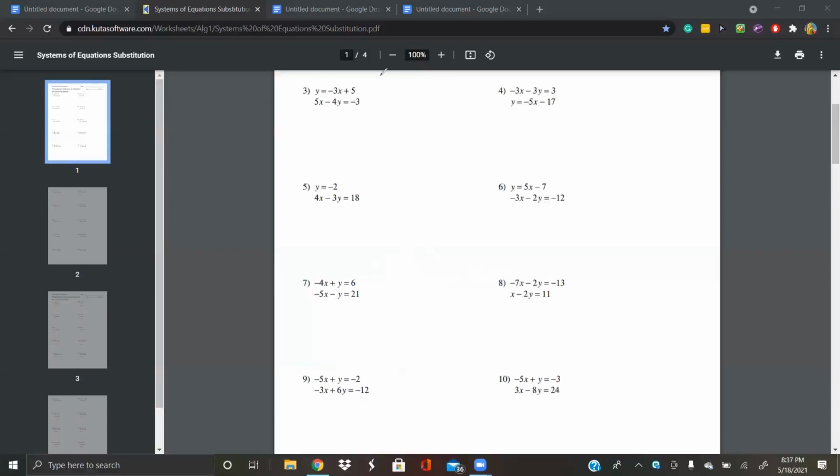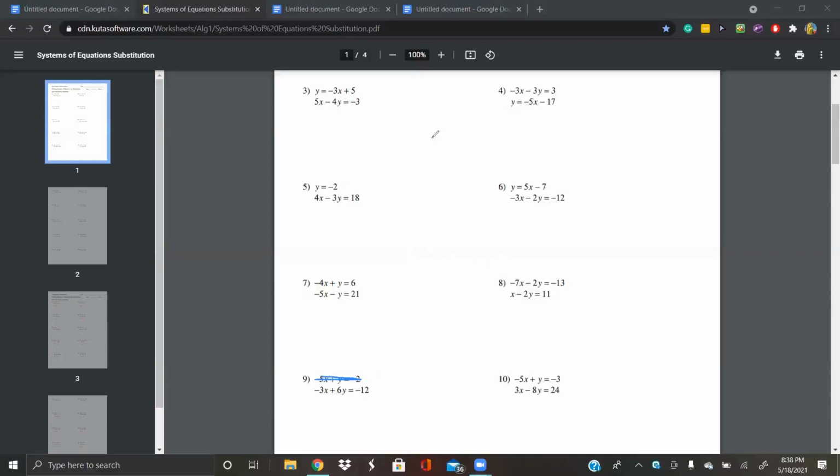So first, since they didn't give us a slope-intercept equation, we have to create one on our own. So we will be using this one right here.